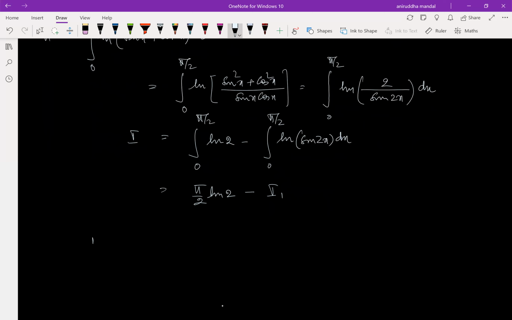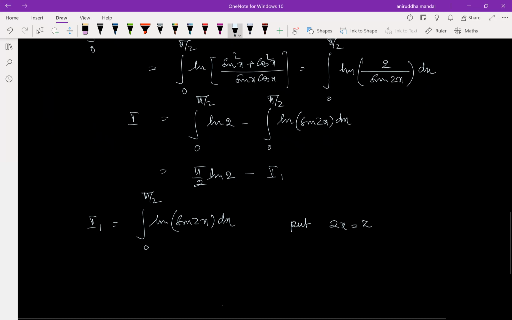Okay, so I1 is the integral of ln sine 2x dx from 0 to pi by 2. So put 2x as z. If we put 2x as z, we can write 2 dx equal to dz.